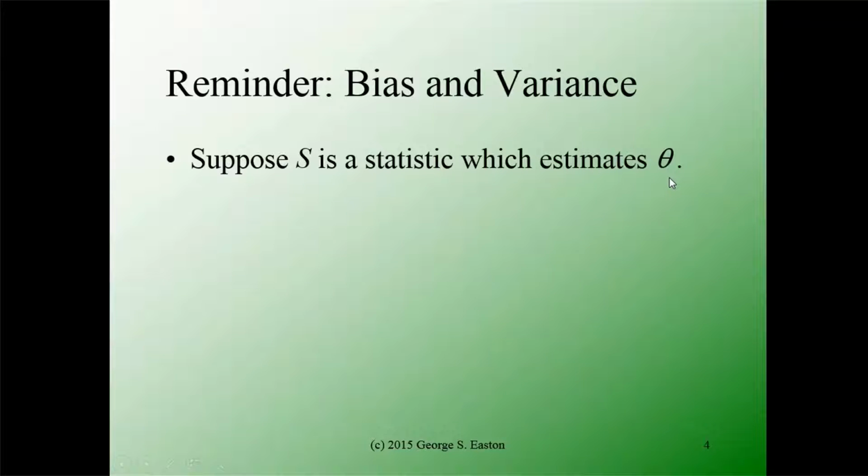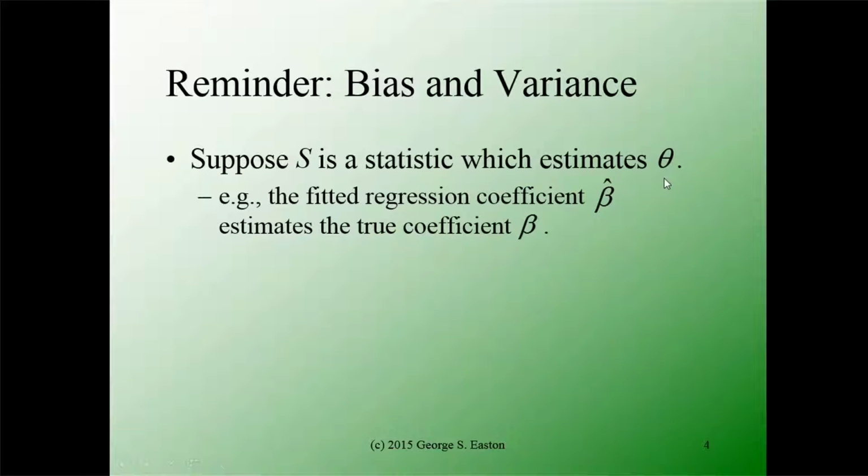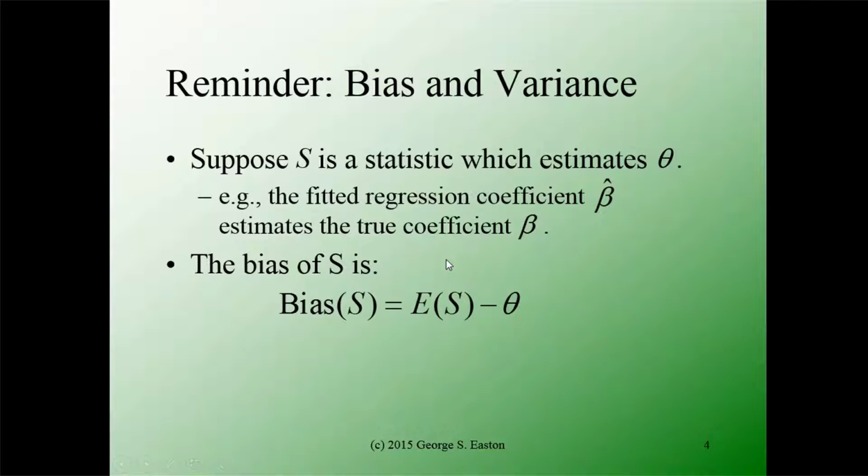So again, if I want to get specific to the case of regression, then the fitted regression coefficient beta hat is going to be estimating the true slope coefficient beta. Then the bias of our statistic S is going to be the difference between the expected value of S and the value of the thing that it is estimating, the theta. So the bias of S is the expected value of S minus theta.